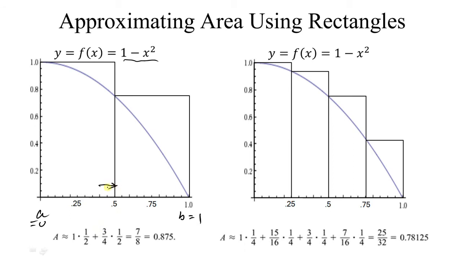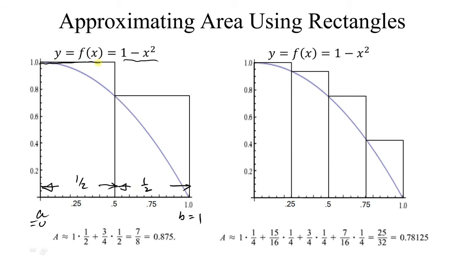The width of each of these rectangles would be 1/2. And if we use what we call upper rectangles, in other words, we're going to have an estimate of the area that's going to overestimate the area.